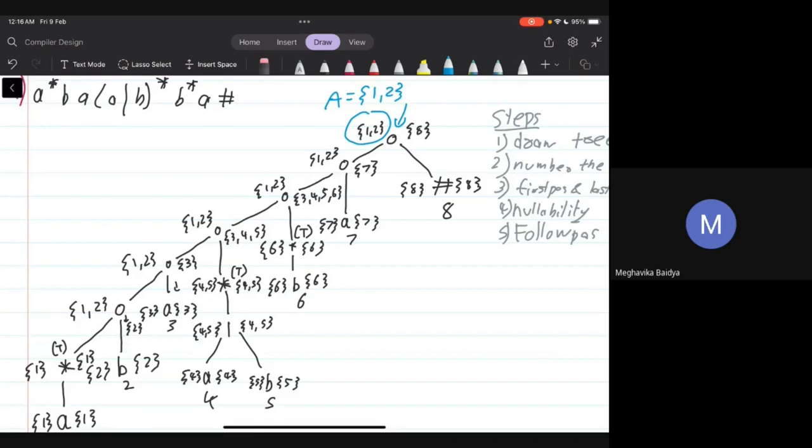So we are going to find the topmost concatenation and make it as our starting node of transition, right? Yes.